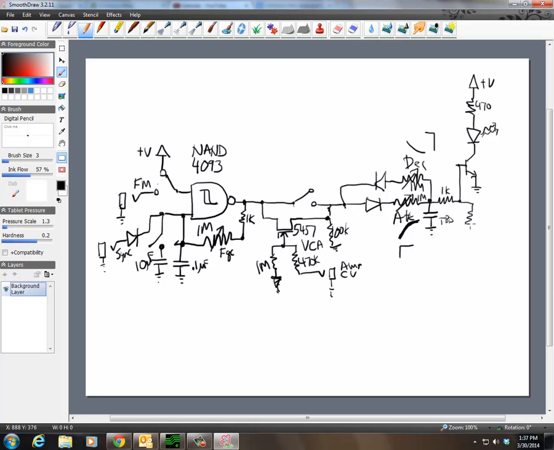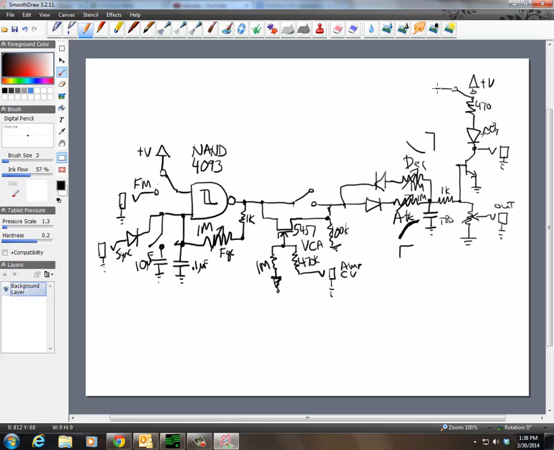Now for the regular output, I'm going to have a variable resistor here. I'm going to tap off of that to provide my regular output. But I'm going to have another output right here, and I'm going to have an option to switch this.